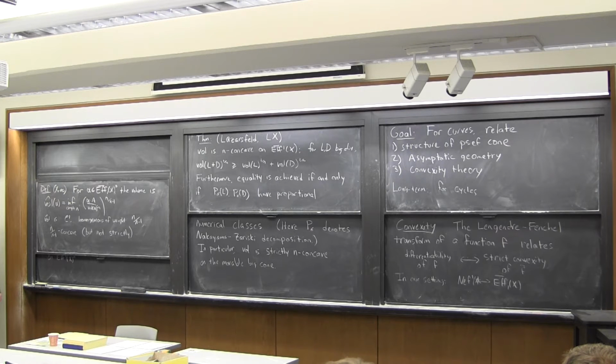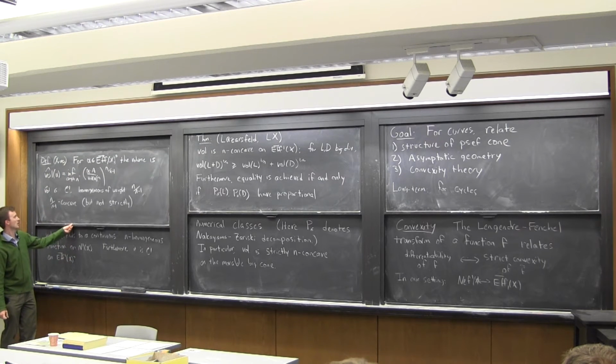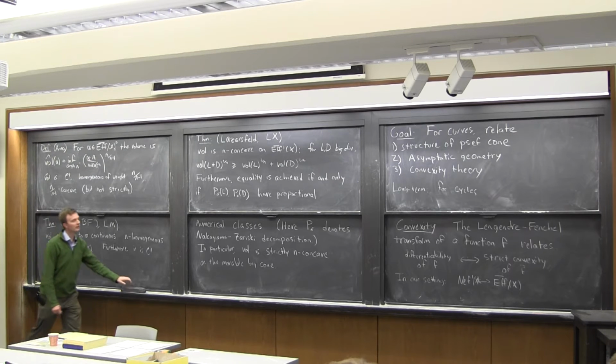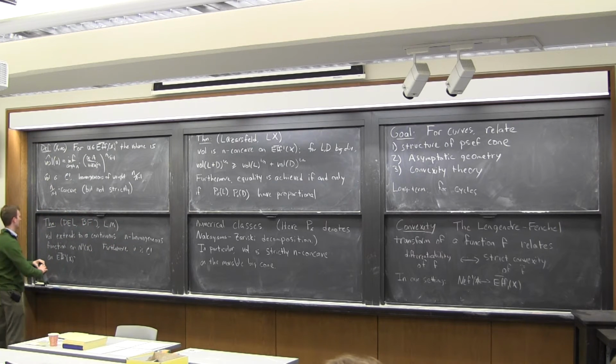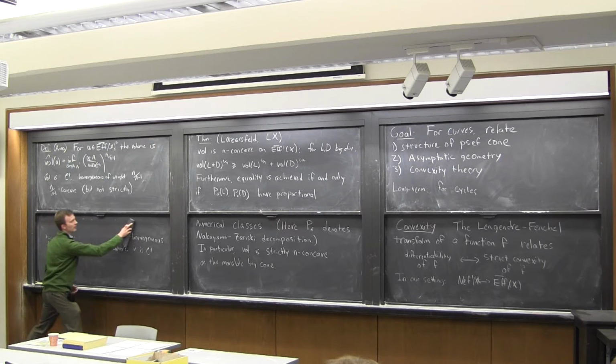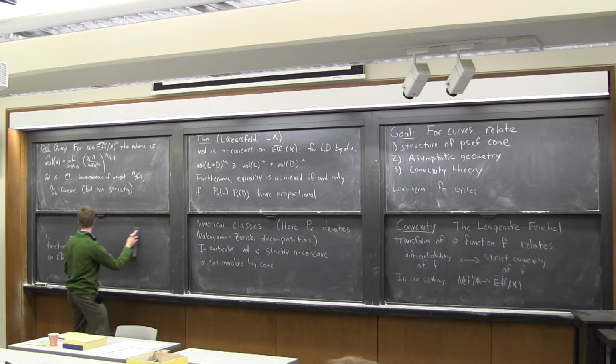Okay. I'll say a little bit more about this in a sec. So we see that it has the same sort of nice analytic properties that the volume function for divisors does.